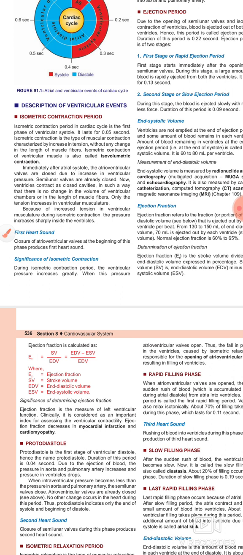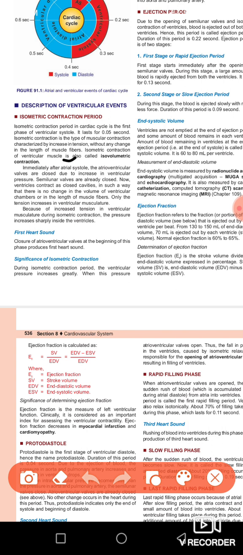Immediately after the atrial systole, the atrioventricular valves are closed. After the atrial contraction, the blood moves into the ventricles, and the atrioventricular valves, which are the tricuspid and bicuspid, are closed due to the increase in ventricular pressure.